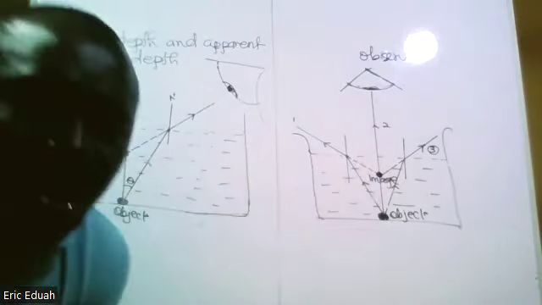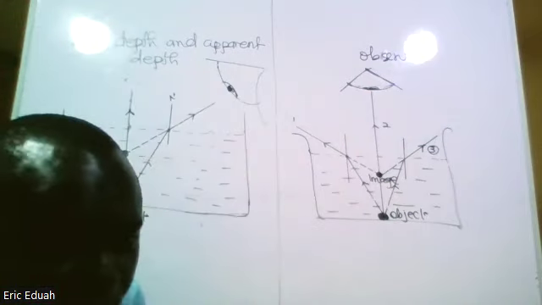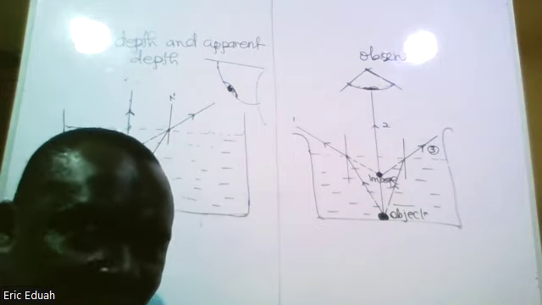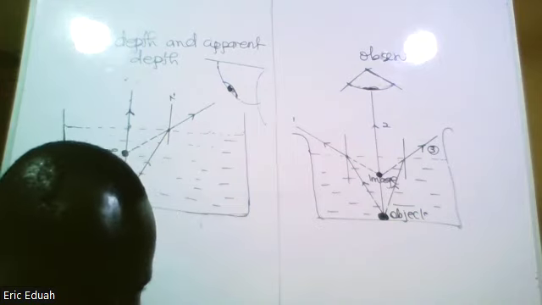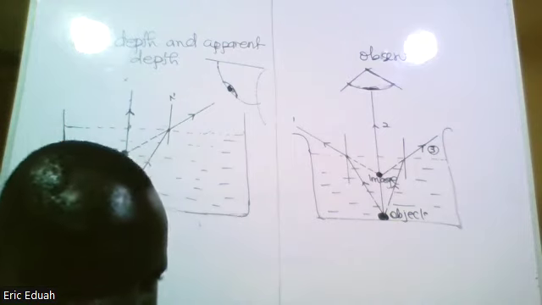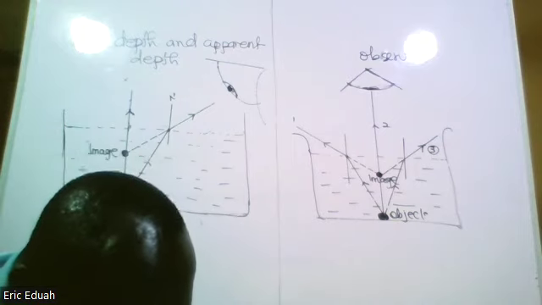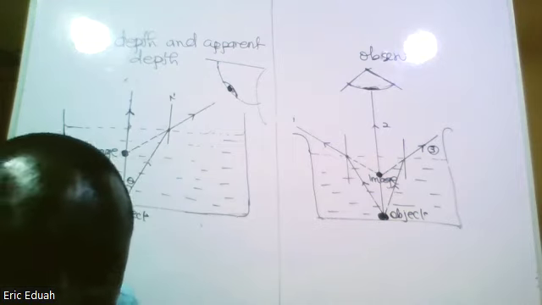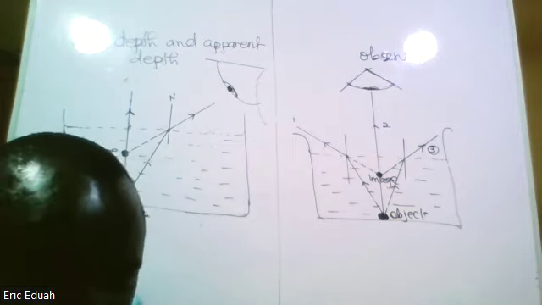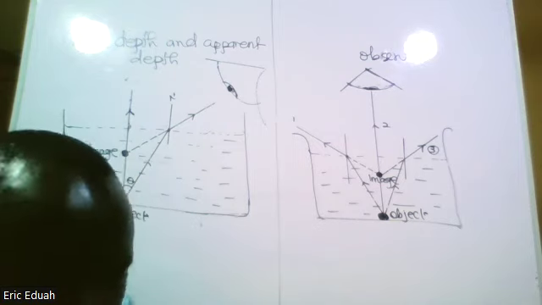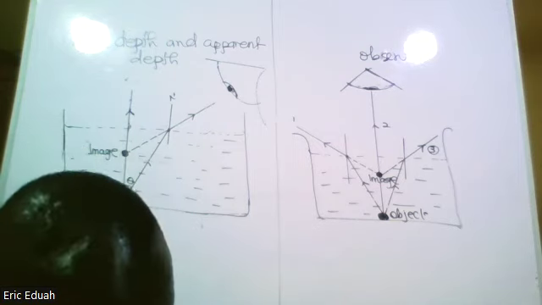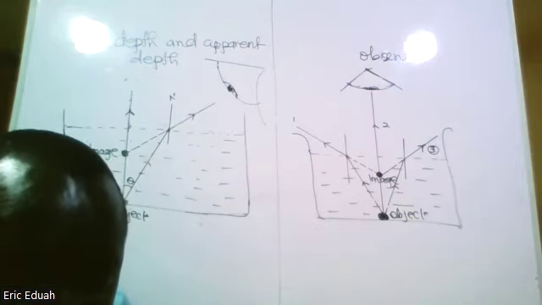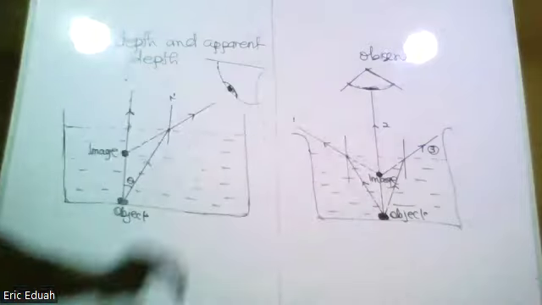And that is the optical illusion whenever we look through a denser medium or water when there is an object down there that is being viewed. It can be fish, it can be coin, it can be stone, anything within water. Where you think the object is, is actually the image. It is due to this illusion.